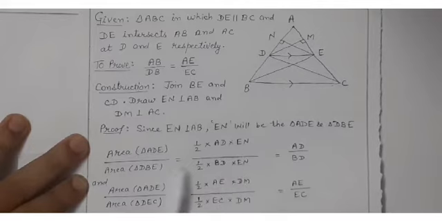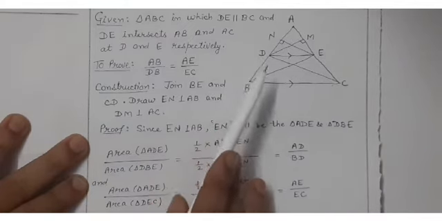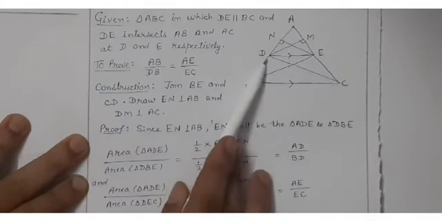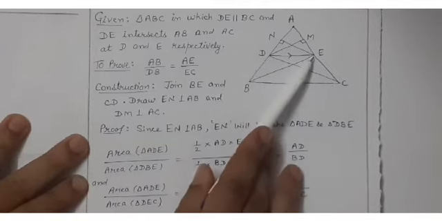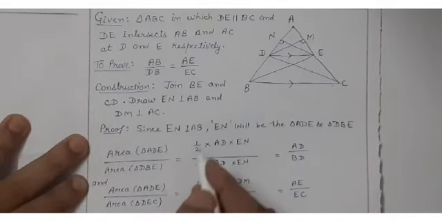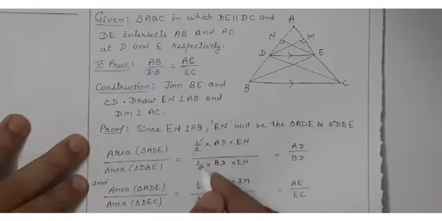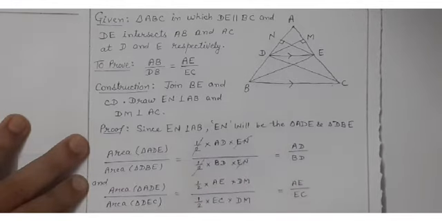And in DBE, DB is the base. I can say BD or DB, both are the same thing. And altitude is EN. So half to half cut, EN to EN cut, what is remaining? AD upon BD.